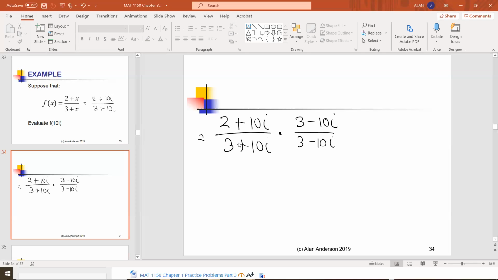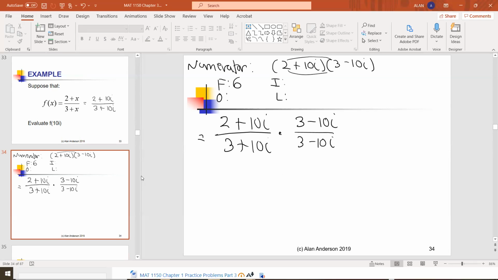Let's see how this went. For the numerator, we'll do this up here. You're multiplying 2 plus 10i times 3 minus 10i. And so when you do FOIL, you have 6 minus 20i, 30i, and minus 100i squared.